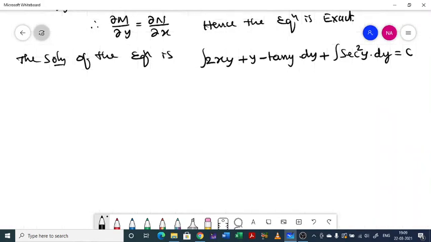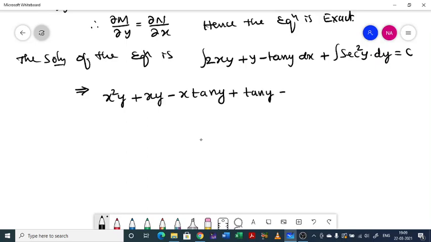So integrating with respect to x, 2x integrates to x², so x²y + xy − x tan y, plus integral of sec² y, that will be tan y, equal to c. So this is the required solution. That completes parts A, B and C.